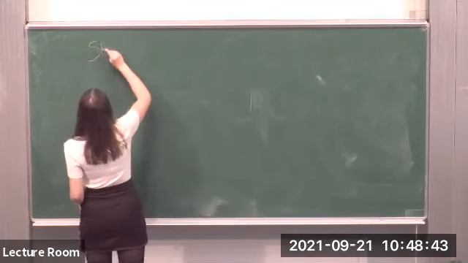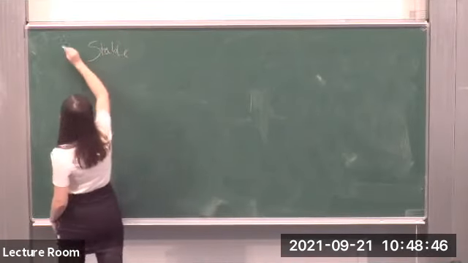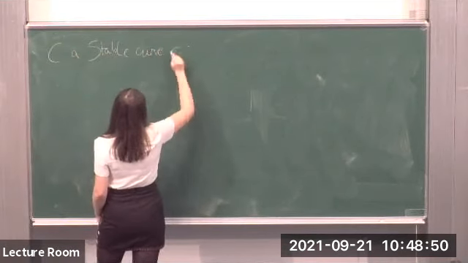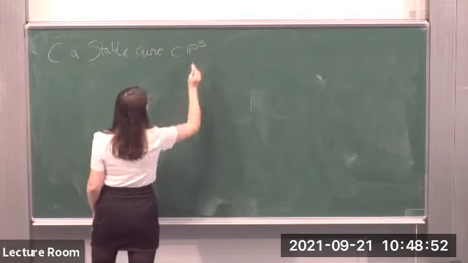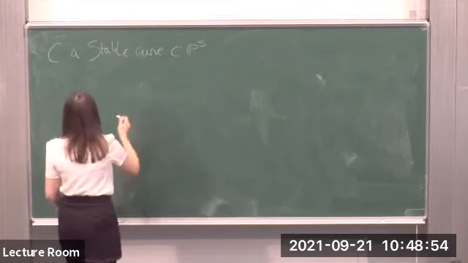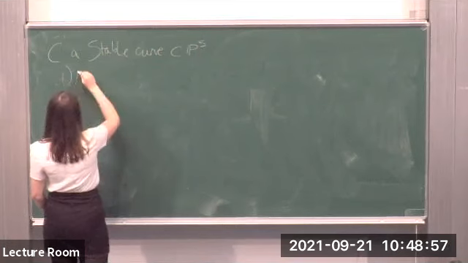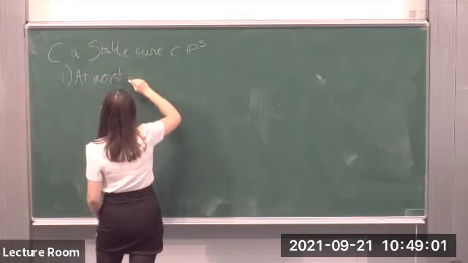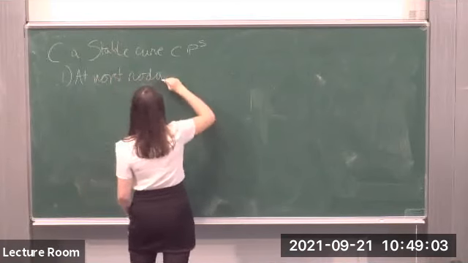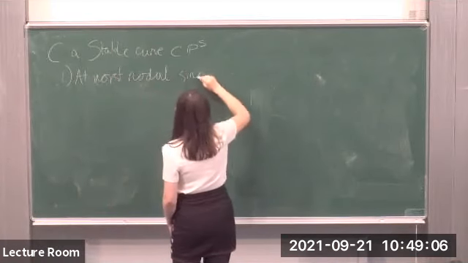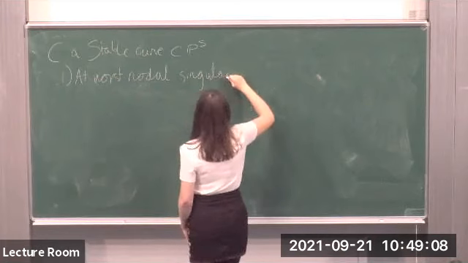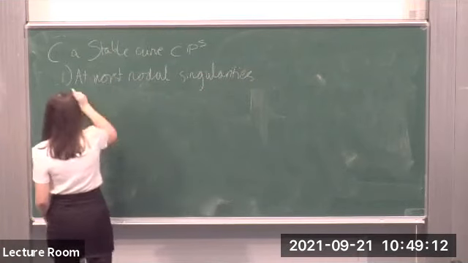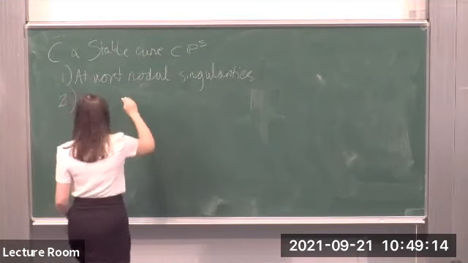in P5. That means that we'll have, at worst, nodal singularities, and with omega C ample.